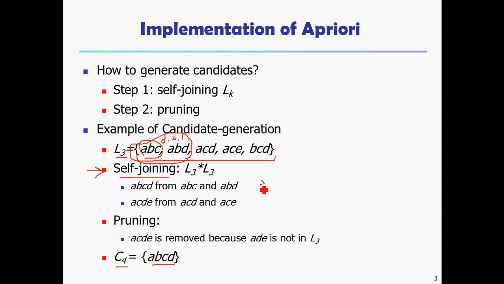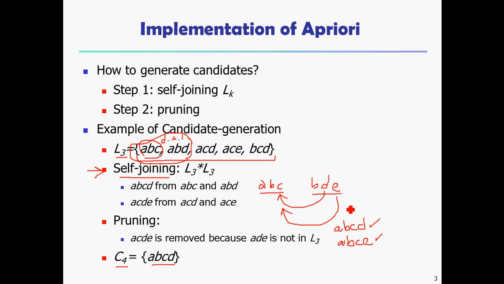For example, if we have A, B, C, and B, D, E, then with this A, B, C, you can include the D at one time and include E at another time, right? So A, B, C, and D, and A, B, C, and E. You can generate two cases of association based upon this, all right?